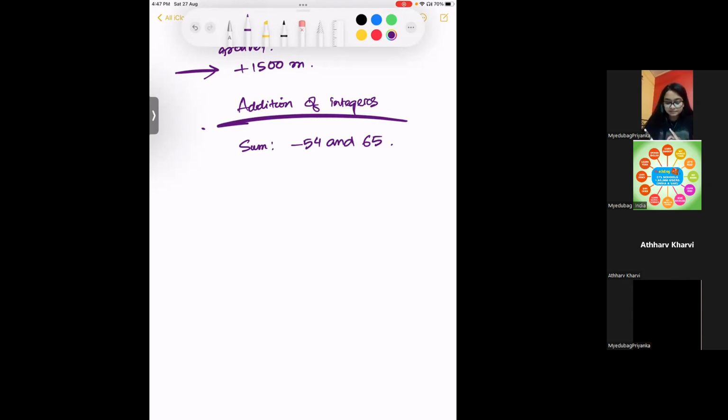We should add, so it will be minus 54 plus 65, right? And the answer will be positive or negative? Positive, very good. Now tell me why the answer should be positive.